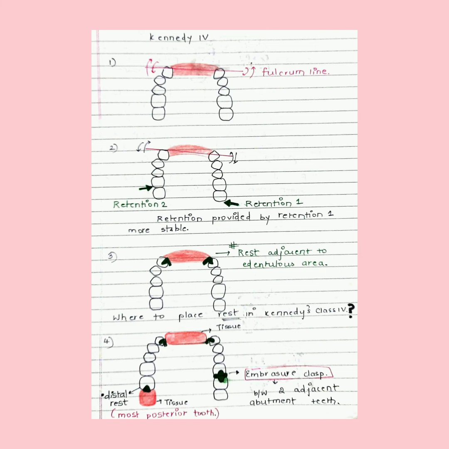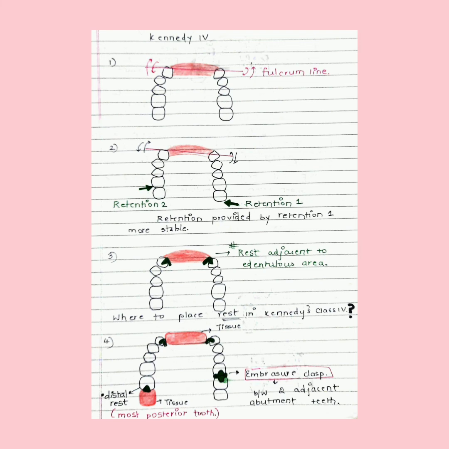This is Kennedy's class 4. As the patient bites down on the RPD in the anterior part, it will lift from the posterior part. That means we need to draw an imaginary fulcrum line because there will be torquing when the patient bites on the anterior part of the RPD. Hence, we need to give retention. And how do we give that retention? By giving direct retainers. The most posterior direct retainer will make the prosthesis more stable, hence, the farther the better.